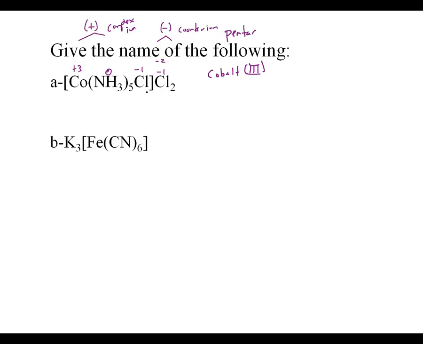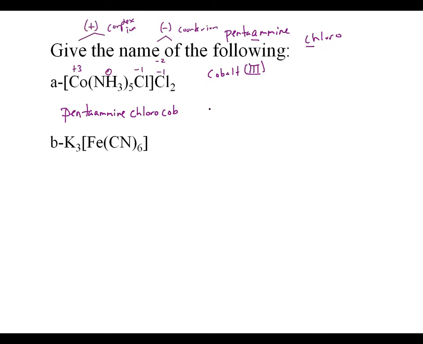We also have 1 Cl, which is chloro. We want to put this in alphabetical order for our complex ion part, so A before C. So we're going to go with pentaamine, chloro. And again, the complex ion, the metal comes last.